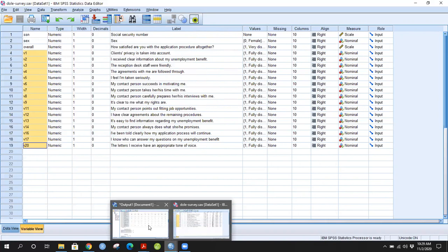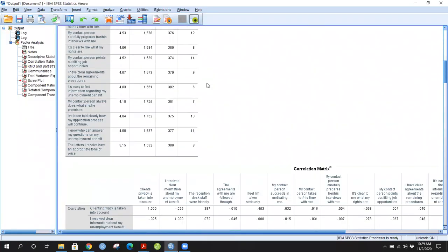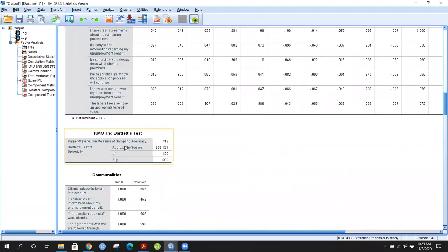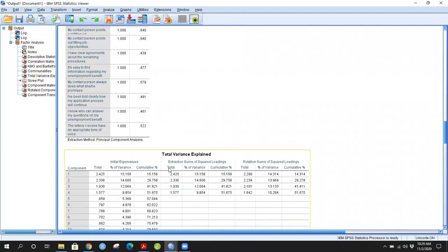And after applying factor analysis, we had this output, and we had completed the interpretations till the testing assumption. So basically we tested the assumption about the correlation matrix and the KMO and Bartlett's test. Now today let's move on further.